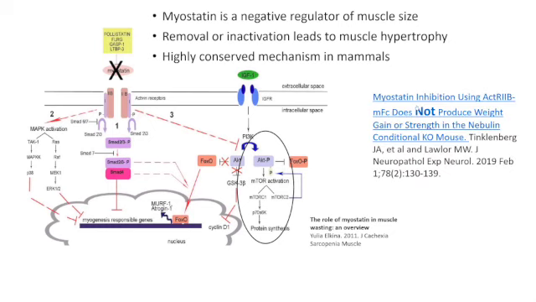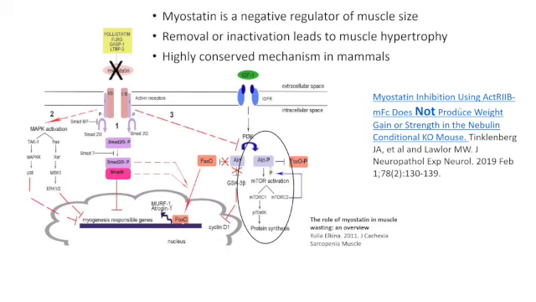You might ask, why are we interested in it, since the work by Mike Lawler showed that myostatin inhibition does not produce weight gain or strength gain in Nemaline myopathy. But in this particular study, the conditional Nemaline knockout mouse was used, which is a severe Nemaline myopathy model. And it is possible that the mouse is simply too compromised.